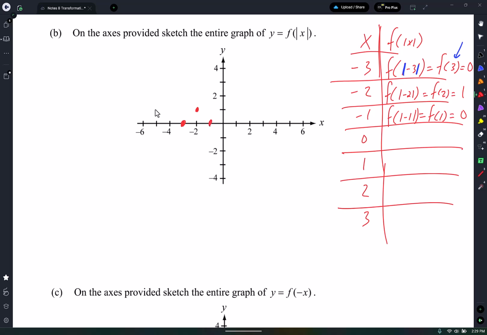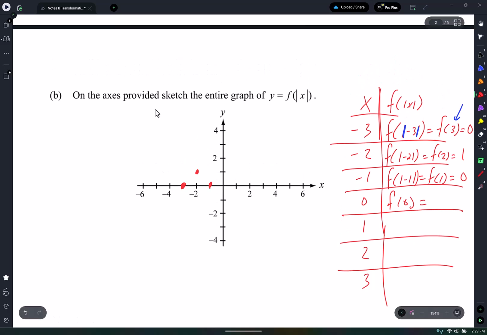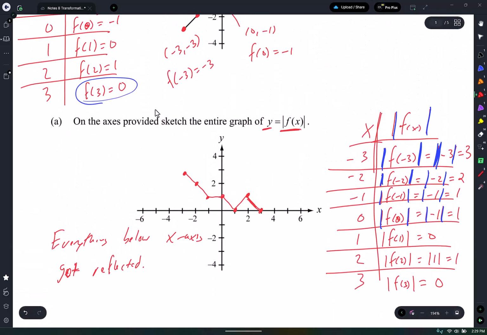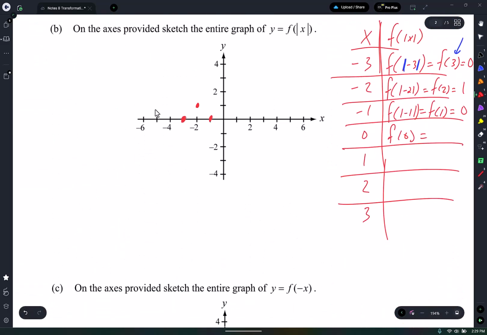Does everyone see where I'm getting the numbers from, guys? Okay. The absolute value of 0 is just 0, and f of 0 was negative 1. So 0, negative 1. And then these are going to stay the same.